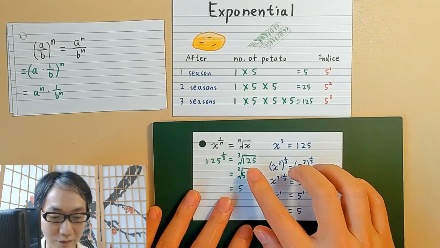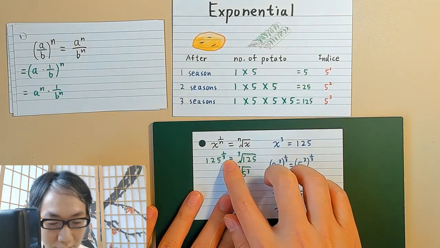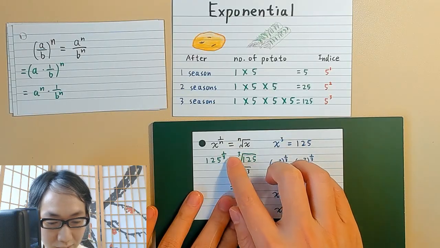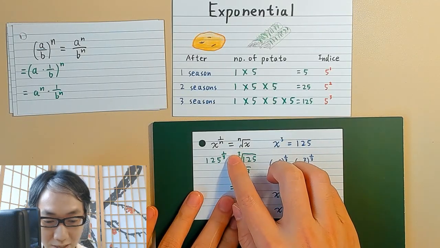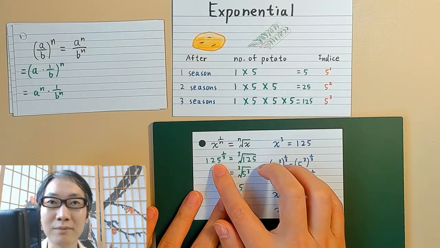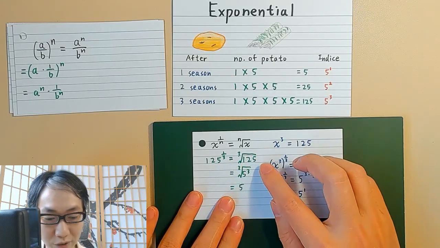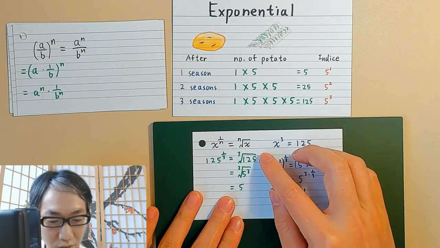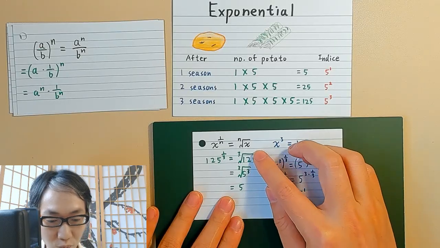So that's a way. If we put the 3 in the denominator of the fraction in the power, it can also be written like this, 125 to the cube root.